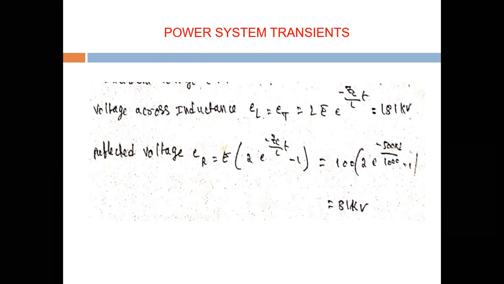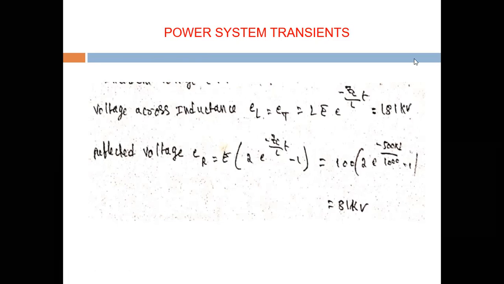And e power minus ZC, where ZC is the surge impedance, is equal to 500 ohms, by L, where L is the inductance, equal to 1 millihenry, into T.